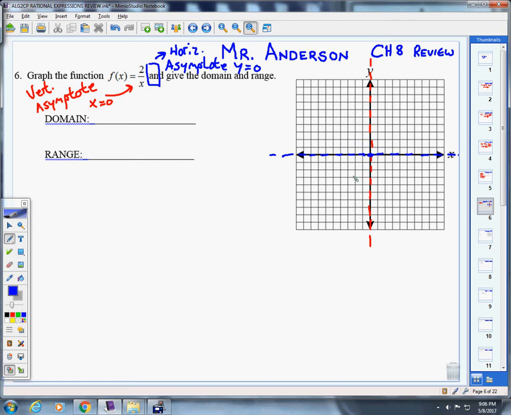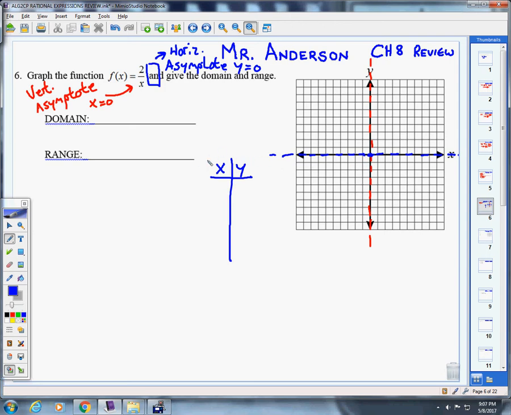And I want some points of accuracy in here. So I want 2 points to the left of this vertical asymptote, and then 2 points to the right of this vertical asymptote. So I'm just going to make a t-chart here, x and y. I want to plug in values that are not really far away from the intersection of these asymptotes.